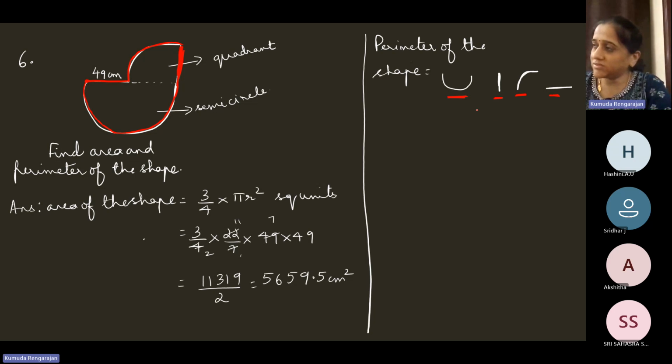These are the 4 things that make the boundary of the shape. The boundary of the shape is made up of these 4 things, 2 arcs and 2 line segments. 1 quarter arc, 1 semicircle, and 2 line segments, which are actually the radius, right? I'll show you again.